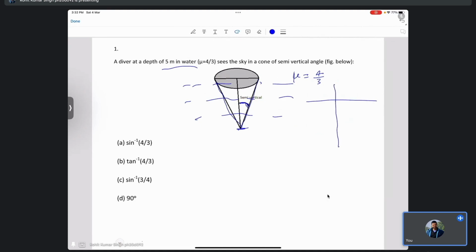This is the water-air interface. Here is water, here is air, here is water, and this is the normal.